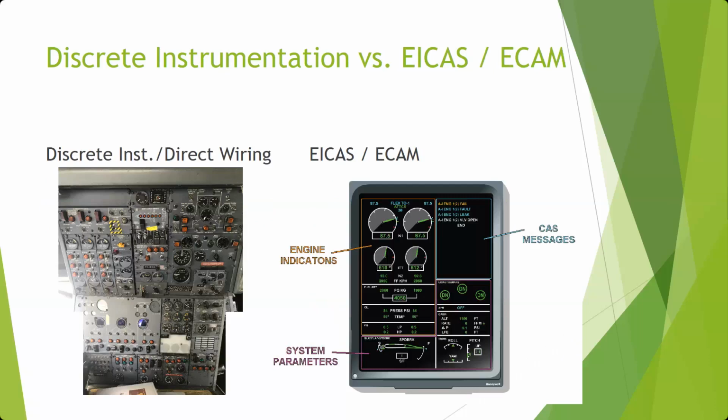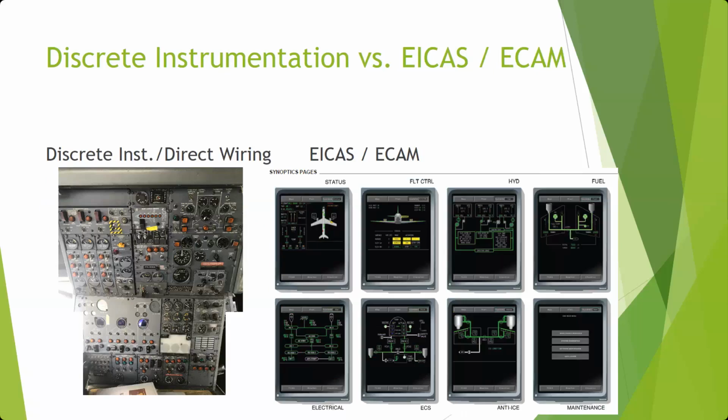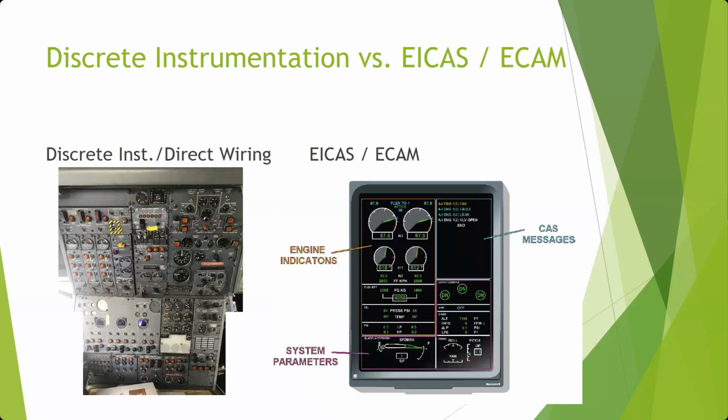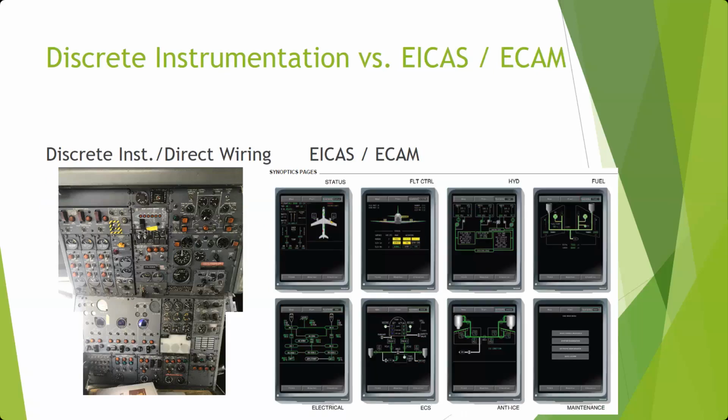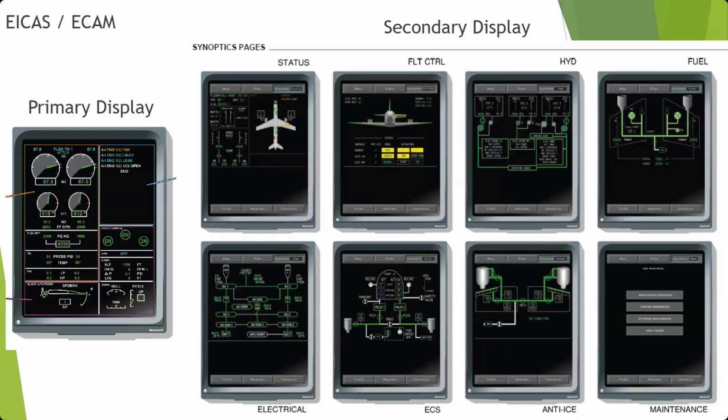So there you go. That's what it looks like. Again, discrete, raw data over here, interpreted data pulled off a bus over here on the right. And when I talk about the pages, that's the main page, but here's an example of synoptic pages, where you'll have a primary display that's always going to show engine, messages, and some basic info, and then typically your secondary display.